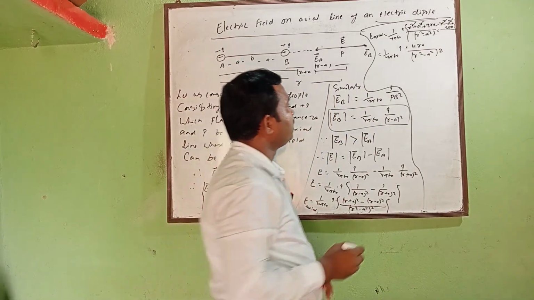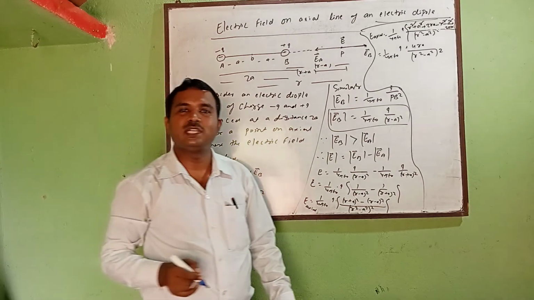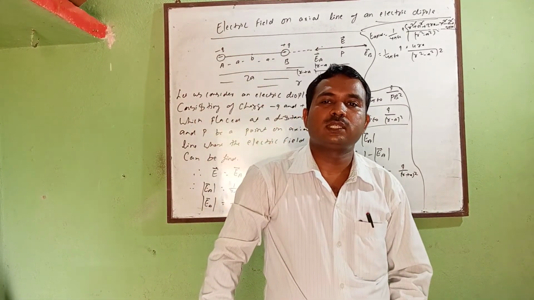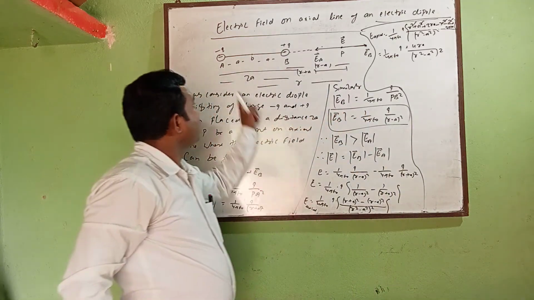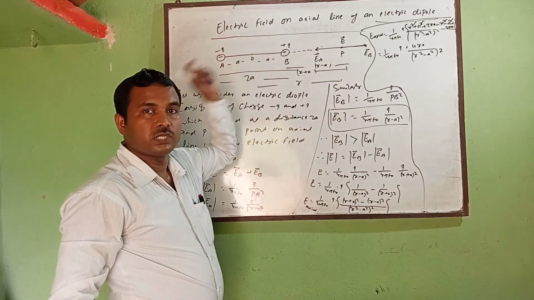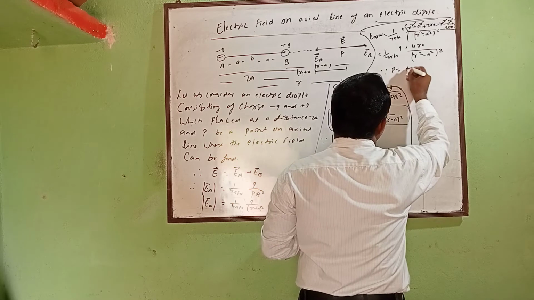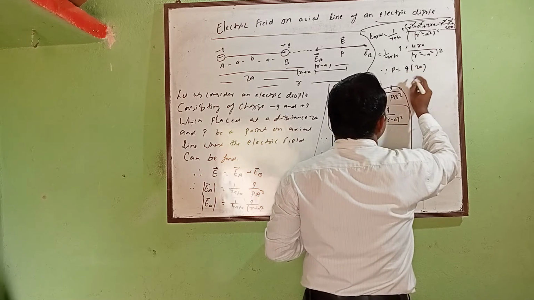But we have the formula, you know, of the electric dipole moment. What is the formula of electric dipole moment? Electric dipole moment, you know that it is either charge times the length of the dipole. So length is 2a, either charge you can take here. Means you have the formula p is equal to q into 2a. This you can write now.